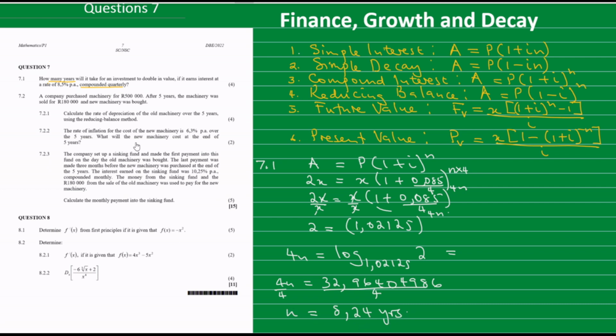One other way that you can use, if you don't want to use this algebra part, is just to take any general number. We have the formula here, A is equal to P into 1 plus i to the power n. They are asking how many years will it take for an investment to double in value if it earns interest at a rate of 8.5% per annum.